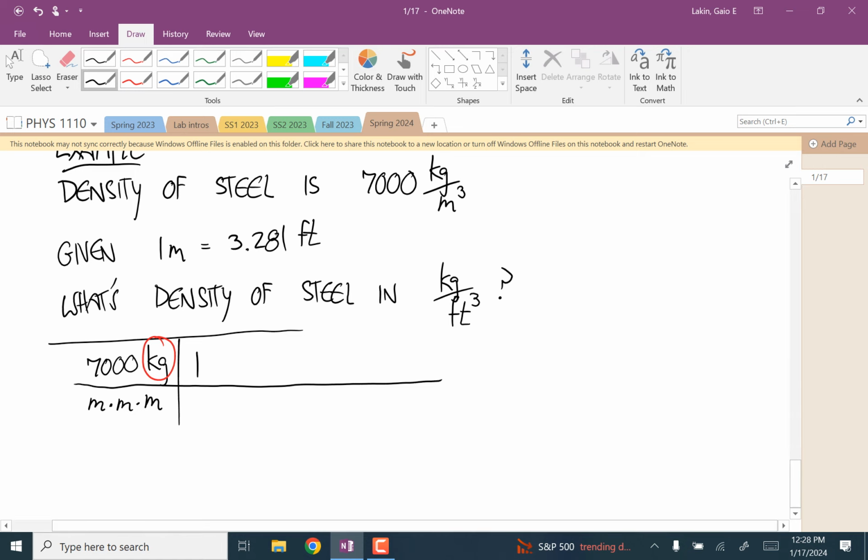So I'm going to go 1 meter here divided by 3.281 feet. And so that cancels one of those meters. You can see there's still 2 left that we have to do.